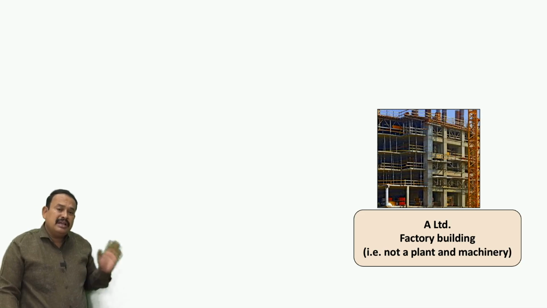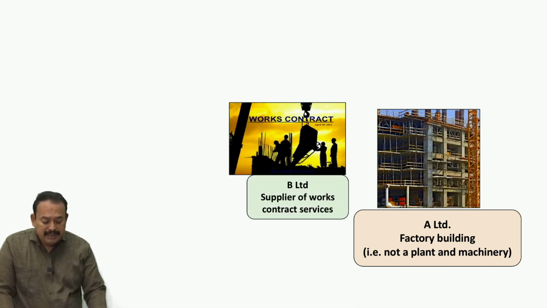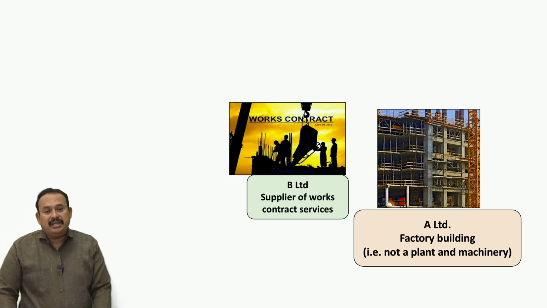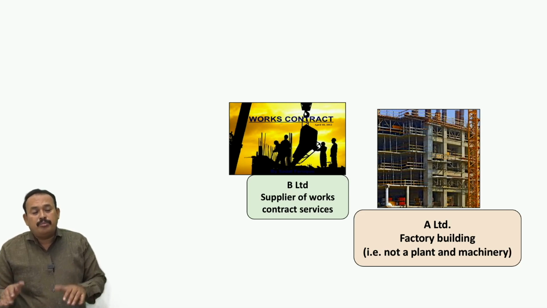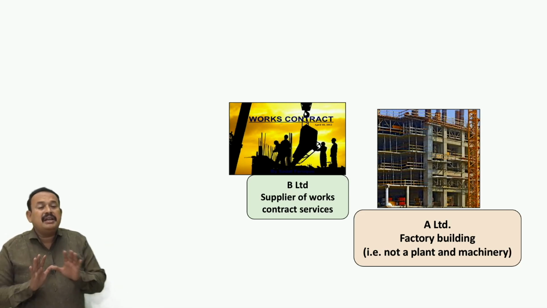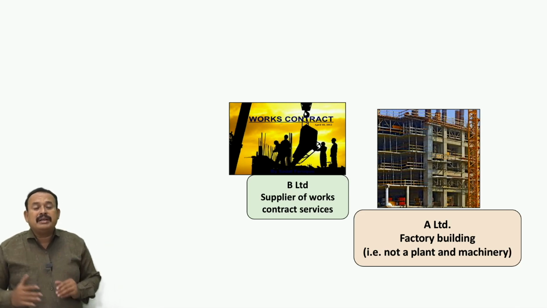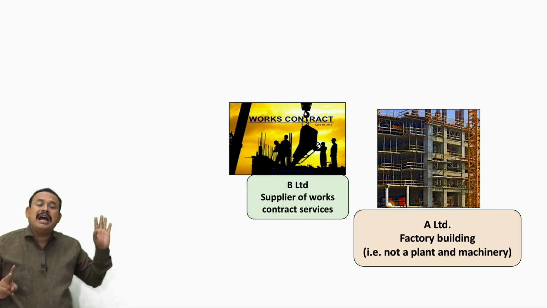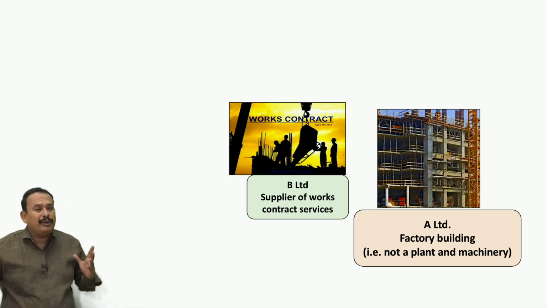Now A Limited appointed B Limited to supply works contract services, meaning land is owned by A Limited, and here land value is not included. B Limited agreed to provide material and labor, that's it, in relation to an immovable property which is not plant and machinery.